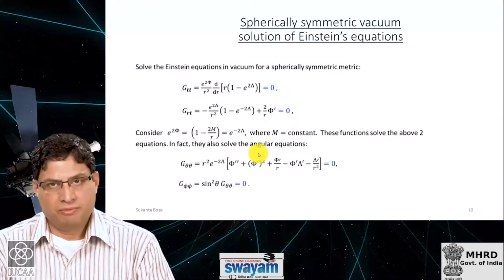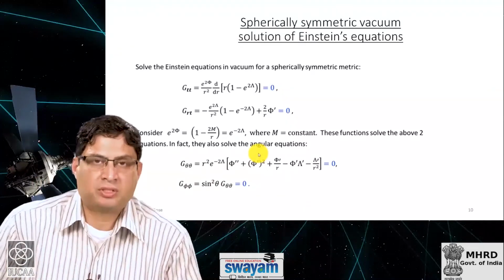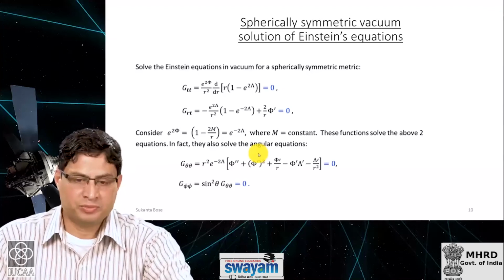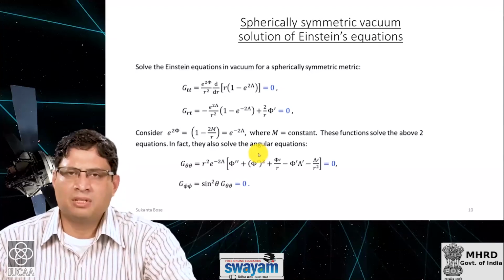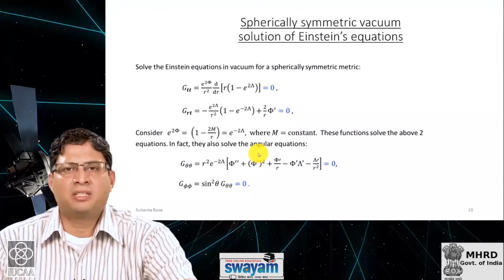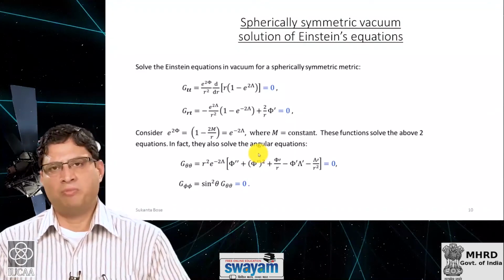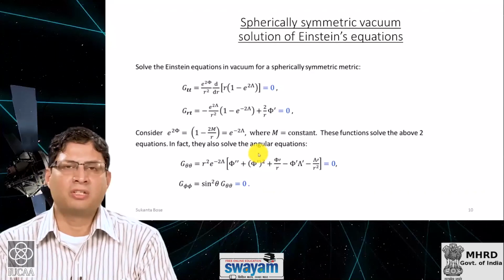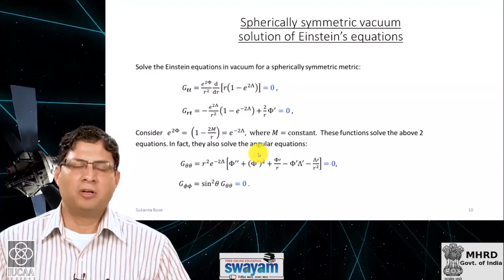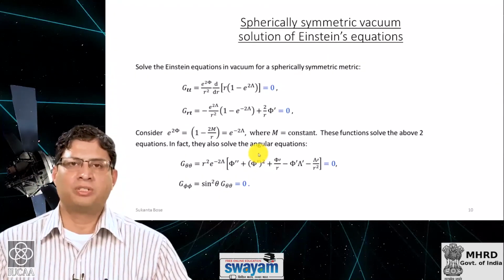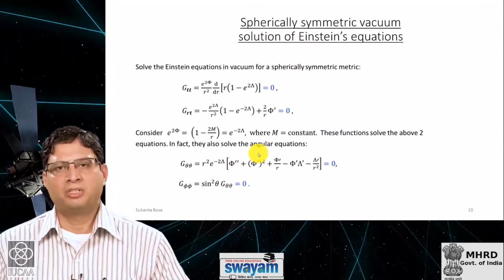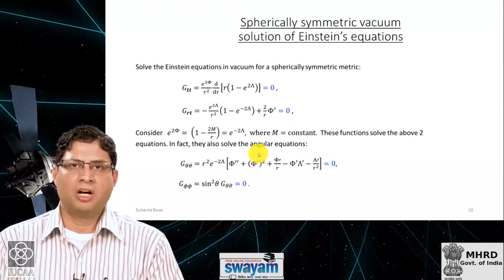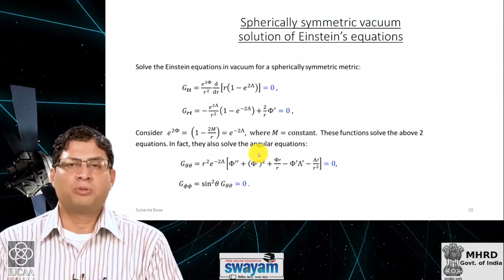We solve Einstein's equations in this first case for spherically symmetric static spacetime, but in vacuum. Does this have a physical relevance? Yes. The spacetime around the sun is mostly vacuum. If you think it is exactly vacuum, that is not true, because the solar wind is a collection of particles which, although very tenuous, does not leave the space around it as totally vacuum, but it is a vacuum to a good approximation.